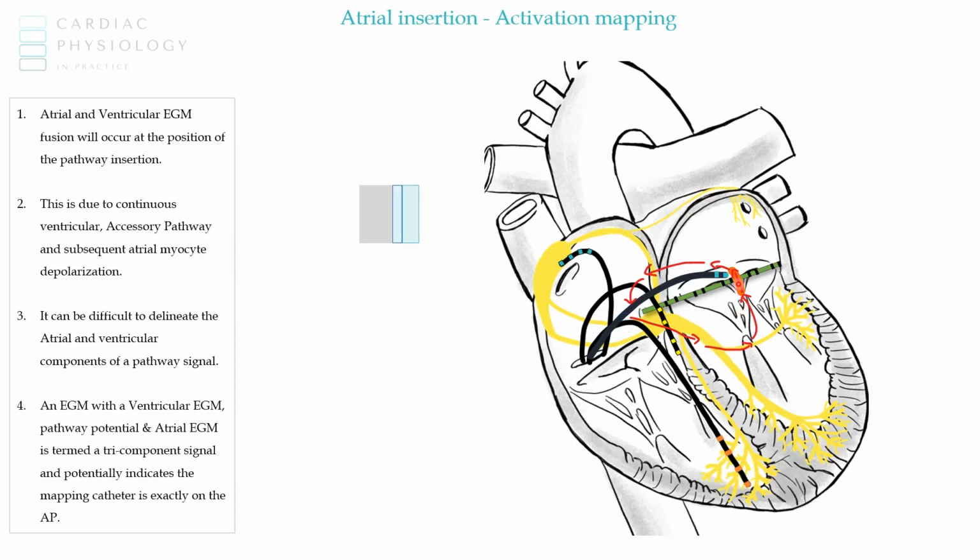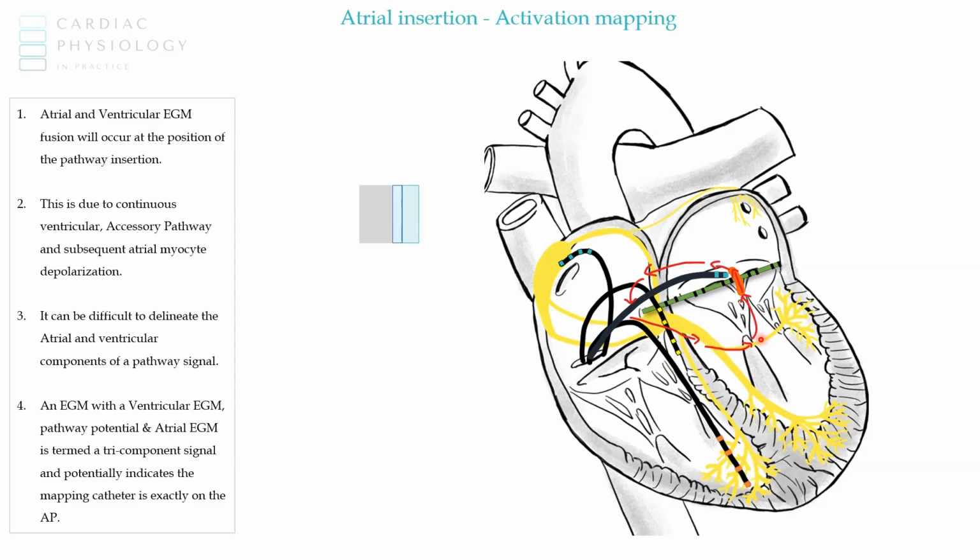So if we have an ORT circuit with our accessory pathway, which we talked about in the previous slide, and we have an ablation catheter located here at the level of the accessory pathway, we might have an ORT circuit occurring. So we have retrograde atrial activation via an accessory pathway, and then it comes back down the AV node to depolarize the ventricles, and then up the accessory pathway again.